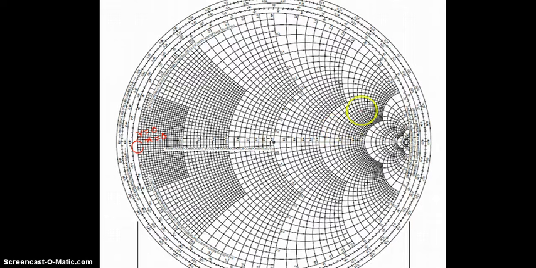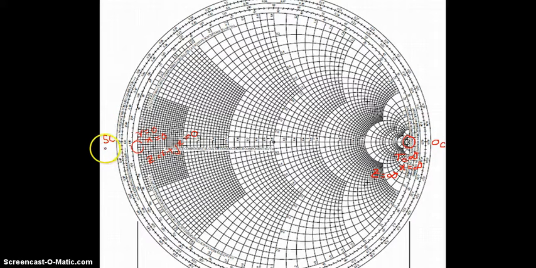And on this side, this is a point where your R value is infinity and your X value is infinity. That means Z is equal to R plus JX, which is equal to 0 here, and here we have Z equal to infinity. Impedance equal to 0 is called a short circuit point, and impedance equal to infinity is called an open circuit point. So on a Smith chart, this point is your short circuit, this point is your open circuit.